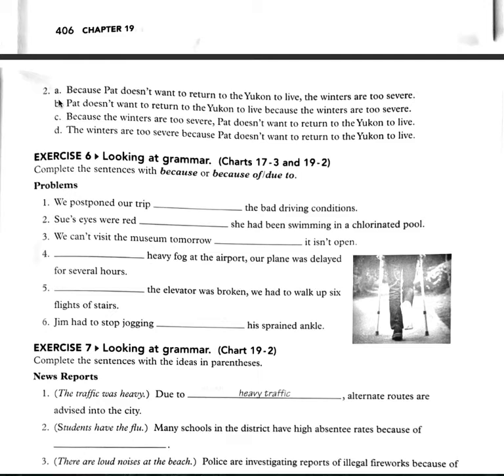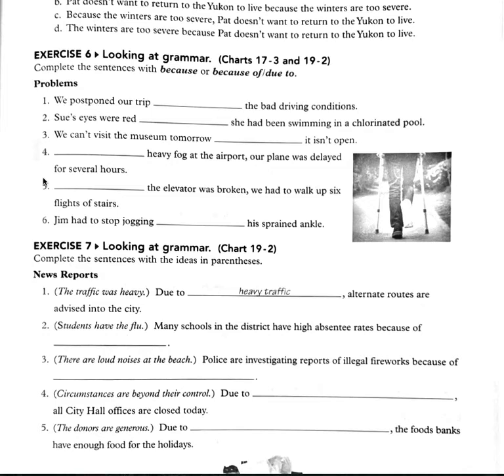Letter C. Because the winters are too severe, Pat doesn't want to return to the Yukon to live. Okay? That is also correct. Letter D. The winters are too severe because Pat doesn't want to return to the Yukon to live. This is not correct. So, in this particular, B and C are correct because it identified the correct cause, followed by the effect. Okay?